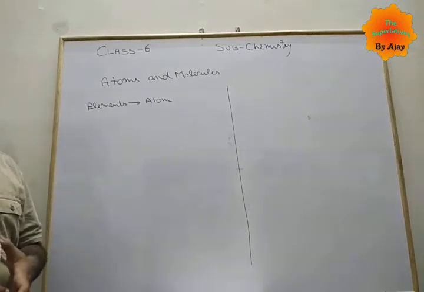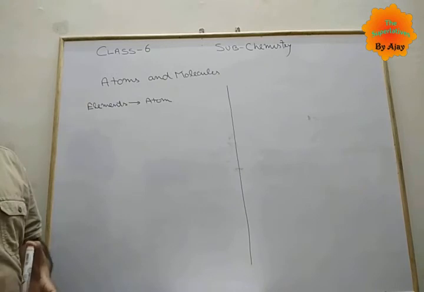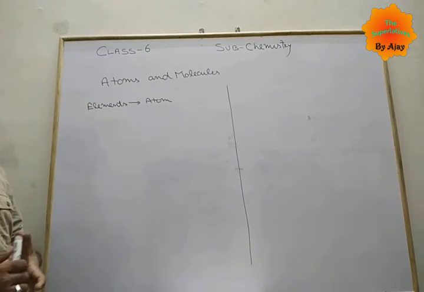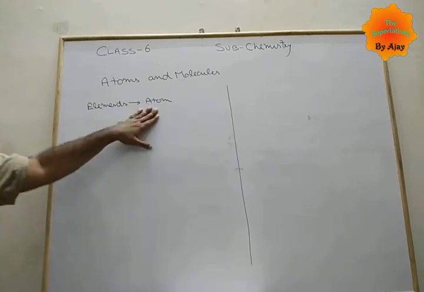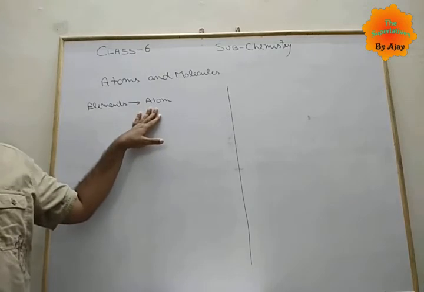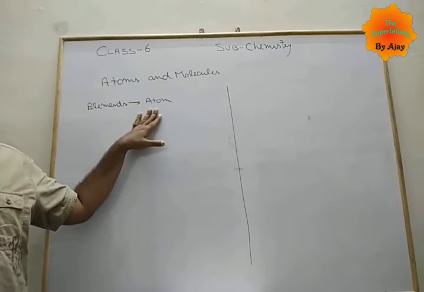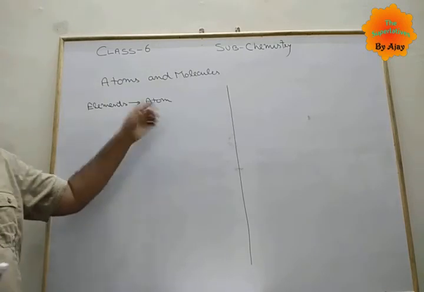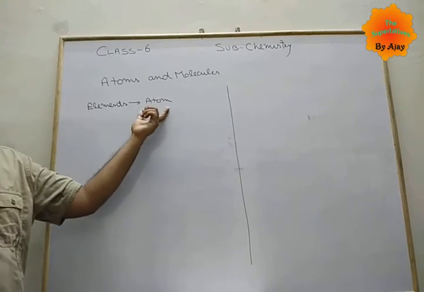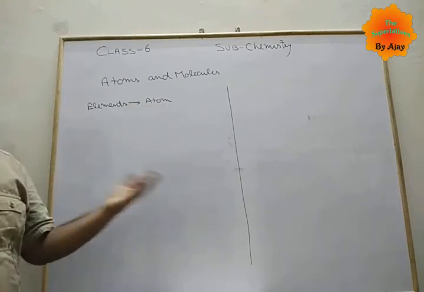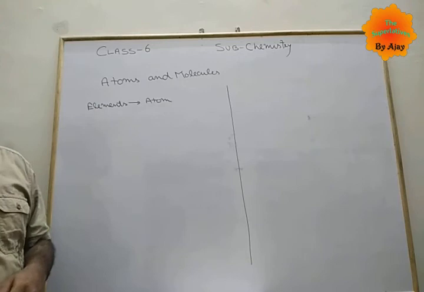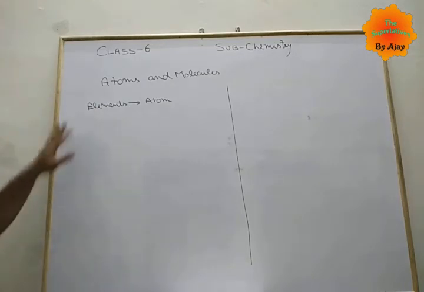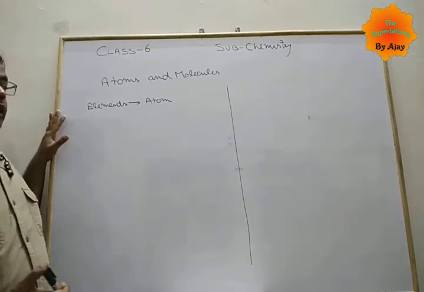So if we observe more, we see that this atom never exists independently, but always takes part in chemical reaction. Means it is a very active element. It never remains independent, but it takes part in chemical reaction.